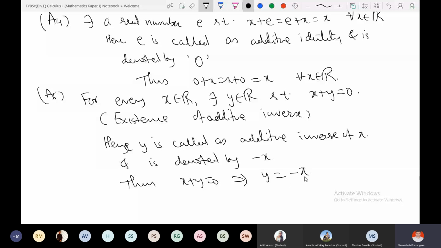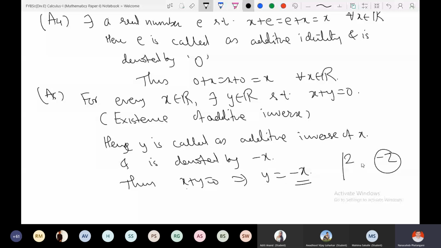Because x plus y is 0 means y is the additive inverse of x, and the additive inverse of x is always denoted by minus x, right? And therefore, what is minus x? Minus x is a symbol for the additive inverse of x, no special meaning to minus x. You can have some other symbol for the additive inverse of x, but this is universally accepted, and for our day-to-day communication, this is convenient, so we are using minus x. And therefore, the additive inverse of 2 is minus 2, right? So minus 2 is a symbol for the additive inverse of 2.